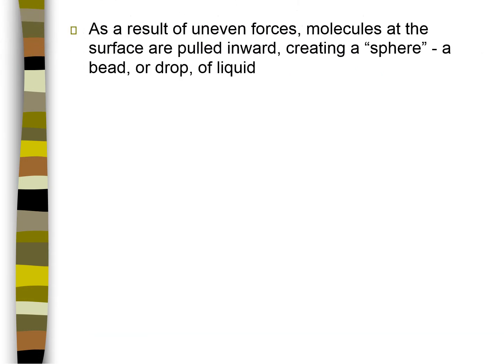One simple result of that is that because of the uneven forces experienced by particles at the surface, surface particles will be pulled inwards, and that will create a spherical drop or a spherical bead of liquid. You've all seen water dripping out of a faucet or water beading up on a freshly waxed surface. They form those droplet shapes because of the intermolecular forces pulling the particles inwards but not upwards from the surface.